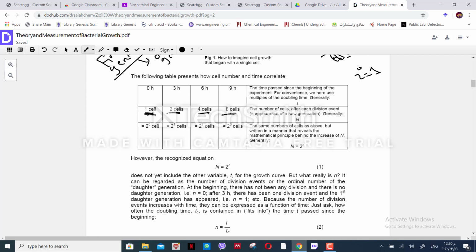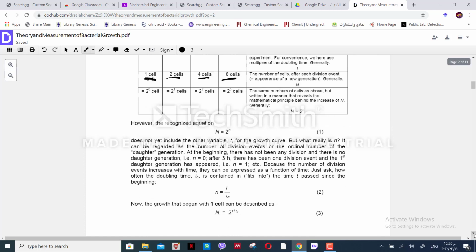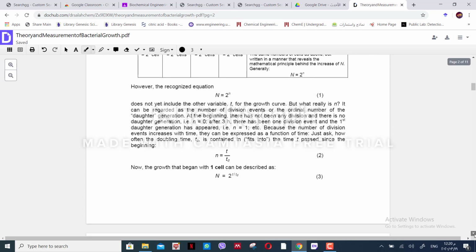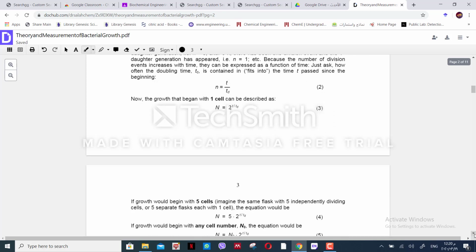As we said, this is variable according to the type of microorganism used. So n will be t over td. Here N capital, denoting the population, will be 2 to the power t over td, as we will see here in equation 3.